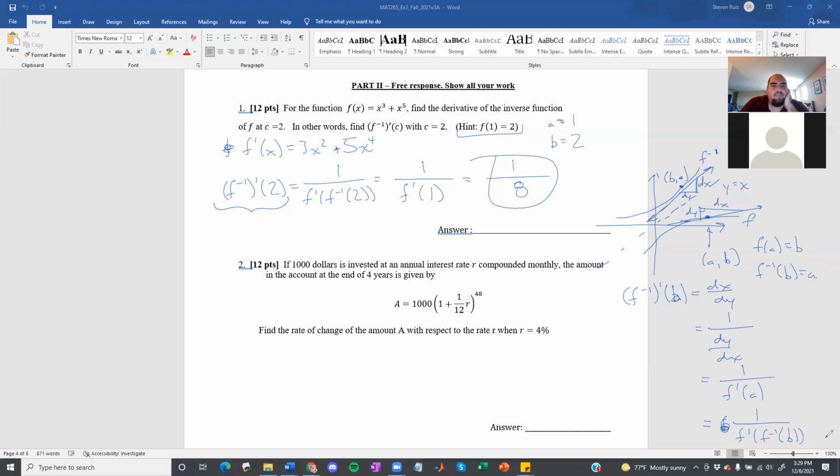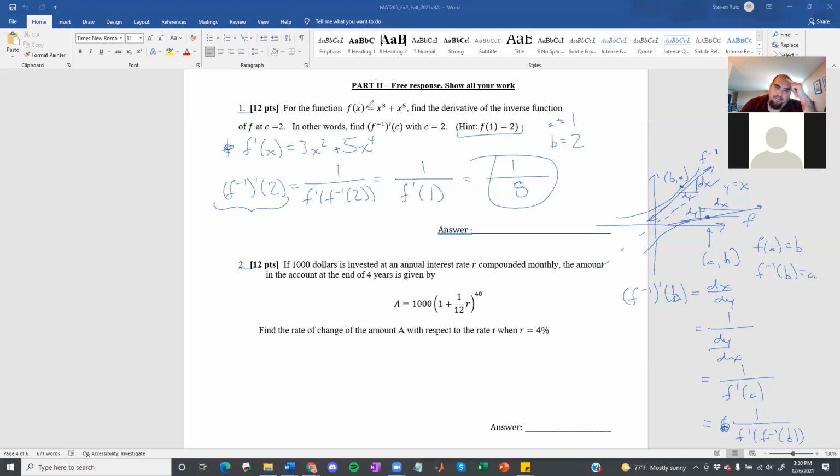Yep. Okay. I think we are. Was it on the homework where we were asked to write the inverse equations of what was originally given? You mean like the inverse function here? Yeah. So the whole reason for the inverse function theorem in this case is that this inverse is either very difficult or impossible.